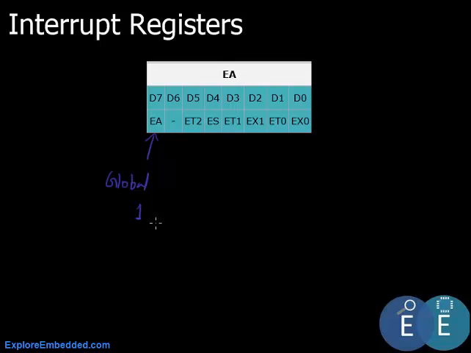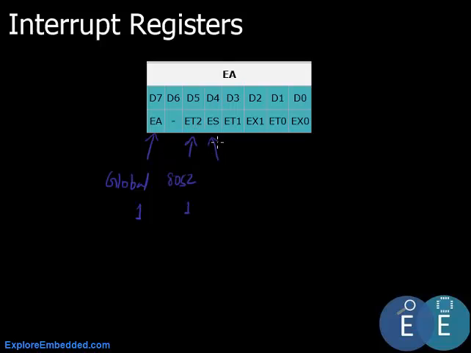So when we want to use interrupts, this bit should always be 1. Now ET2 is only available in 8052 or higher versions, and this bit needs to be set to 1 if timer 2 overflows. So this is only with 8052.